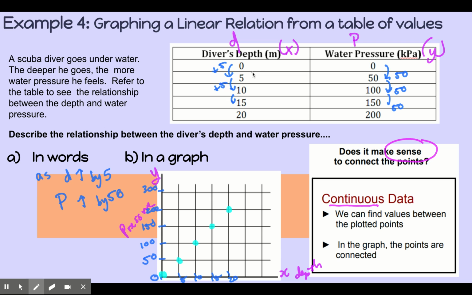Well, yeah, that does make sense. Could you have a water pressure of like 10.5? Yeah, that also makes sense. So you can actually have data points in between the ones given here. So this example is what we call continuous data. And therefore, I can connect my points on my graph.